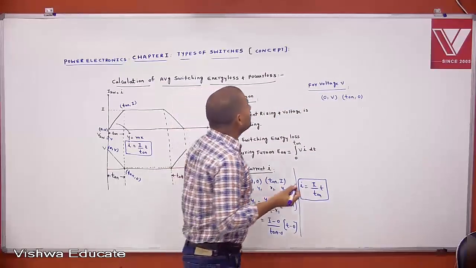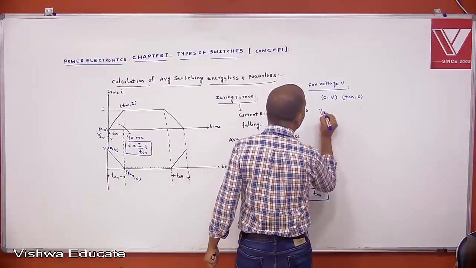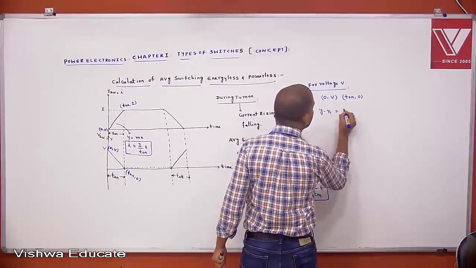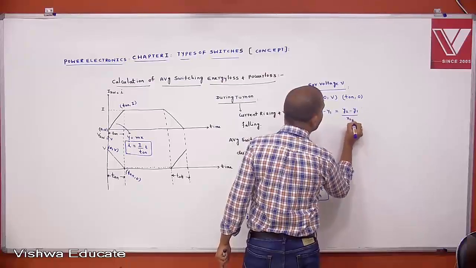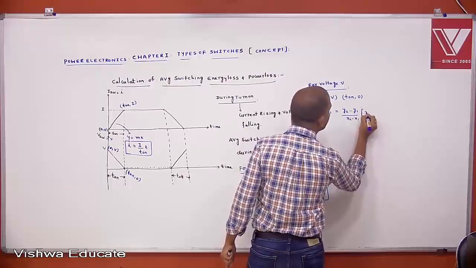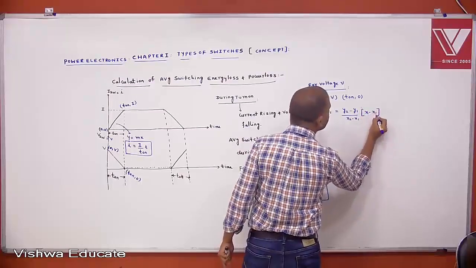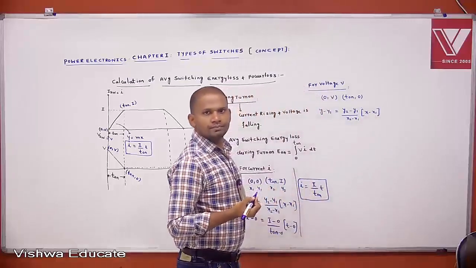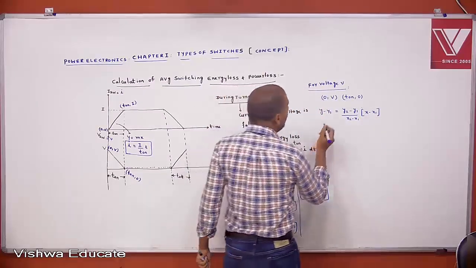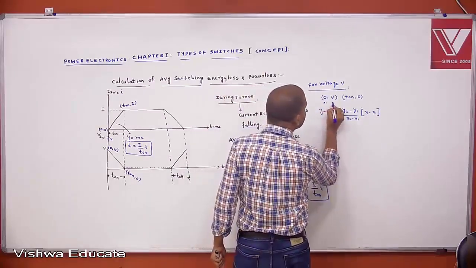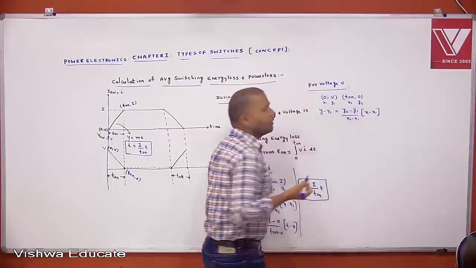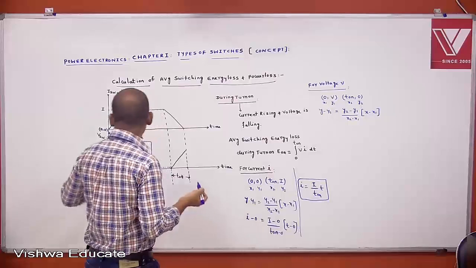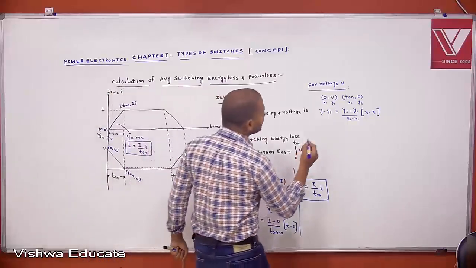Understood? Then same: Y minus Y1 equals Y2 minus Y1 by X2 minus X1, into X minus X1. This is X1, Y1, X2 and Y2. On the Y axis, what have you taken? Voltage.